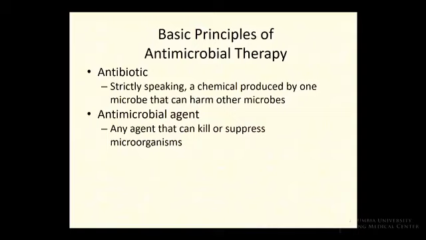And then a subcategory to that is an antibiotic. Strictly speaking, our first antibiotics that we discovered were actually compounds that were produced by certain organisms to prevent infection by other organisms. Okay? And so penicillin is the first antibiotic ever produced, and it was mold that we isolated penicillin from.